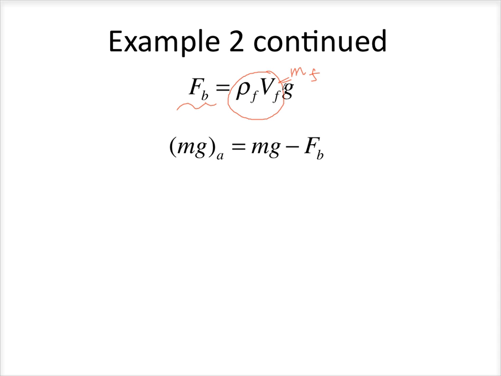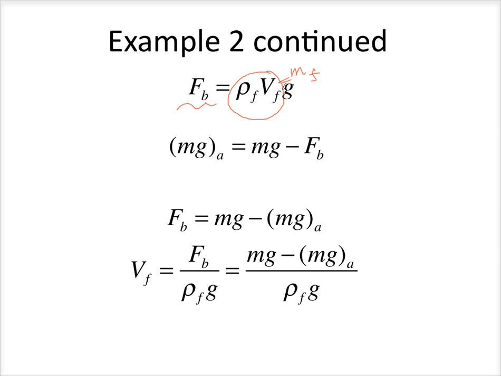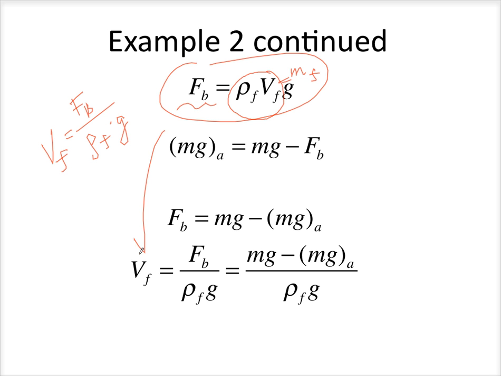Apparent weight is the difference between the actual weight and buoyant force. So what I'm doing here is I can rewrite from this formula for buoyant force. I can say that the volume of the fluid from here is buoyant force divided by density of the fluid times g. And that is exactly what I have here.